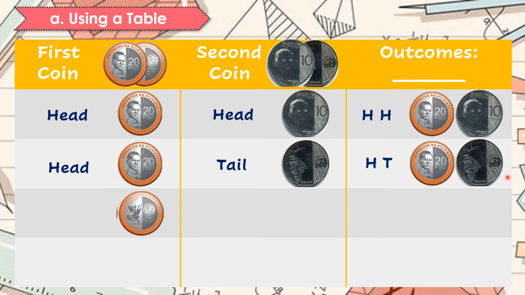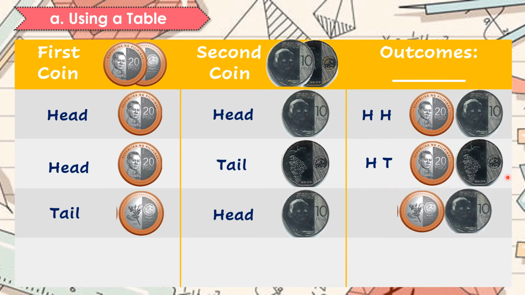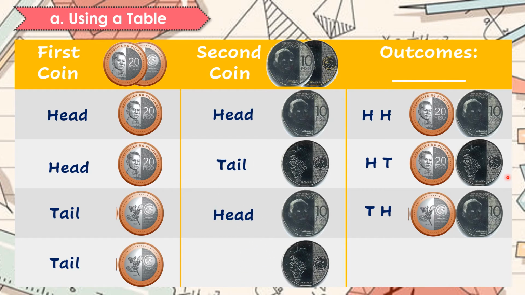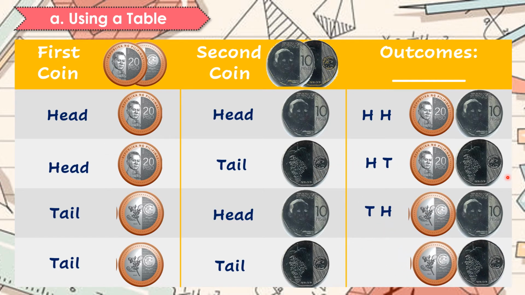Maaari din na ang first coin natin ay tail, ang second coin ay head, then ang outcome natin ay tail-head. Maaari din na tail ang first coin at ang second coin ay tail din. So, mayroon tayong outcome na tail-tail.